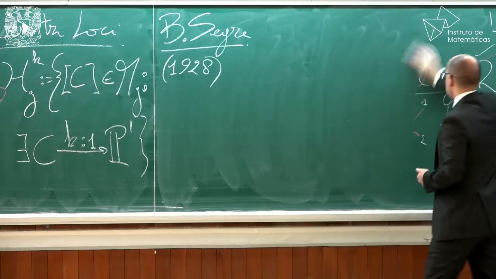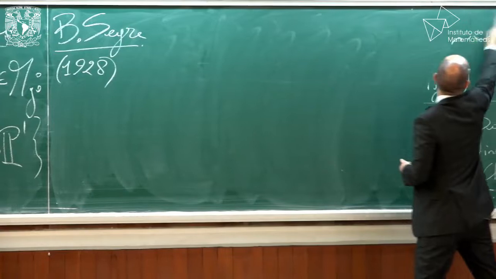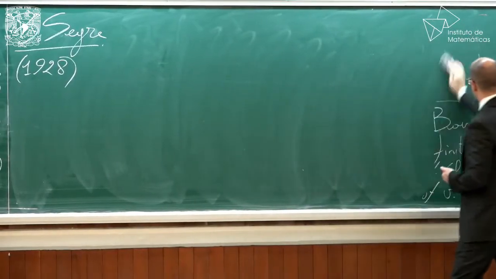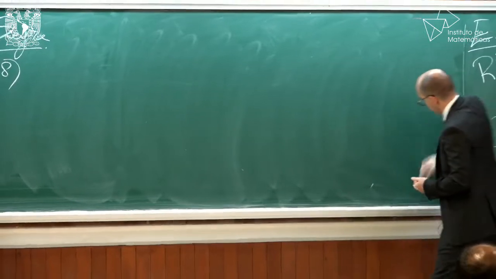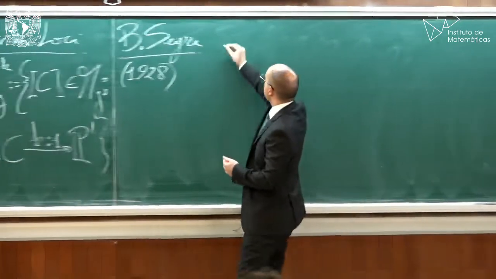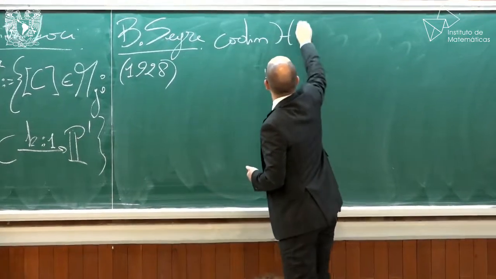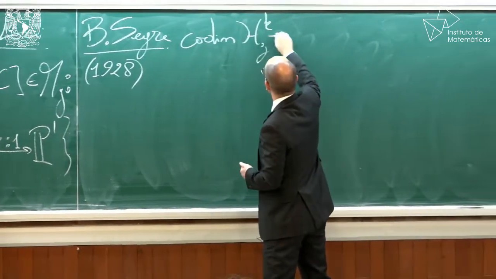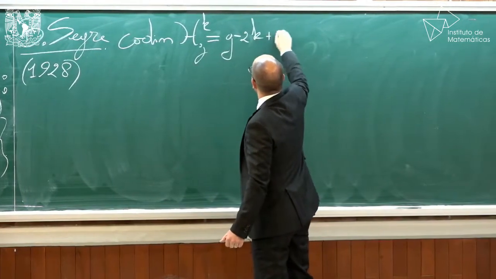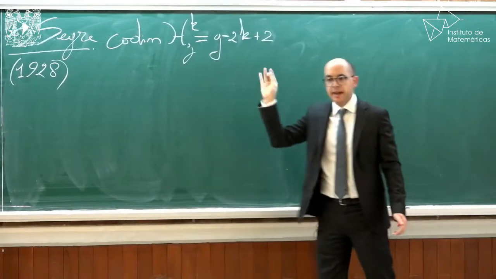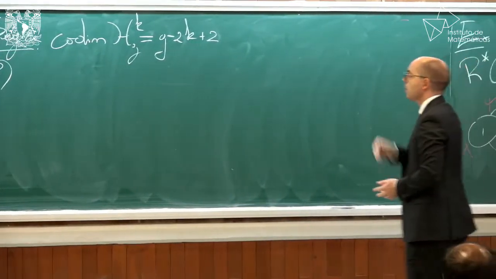And what Beniamino Segre tells us is that the codimension of the Hurwitz locus, H_{k,g}, is g minus 2k plus 2. I'm assuming that k is at least 2, otherwise the locus is empty.